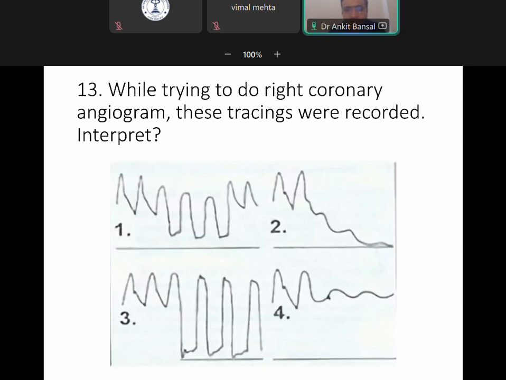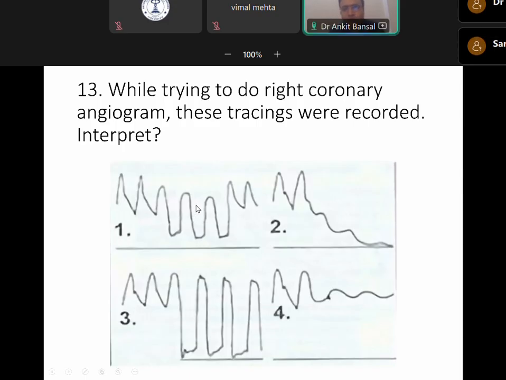Okay, Sarthak has told the first is ventricularization. Very good. It is again because of the wedging of the catheter. The LV systolic pressure is going down, the diastolic pressures are going down, and the catheter is wedged.